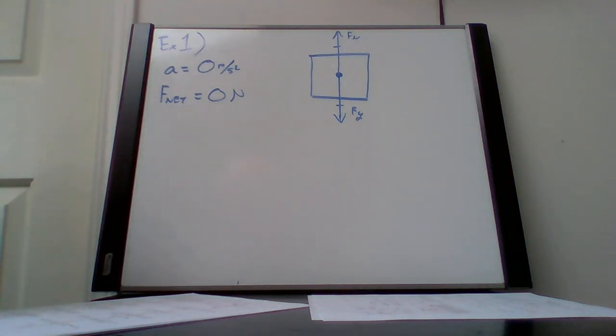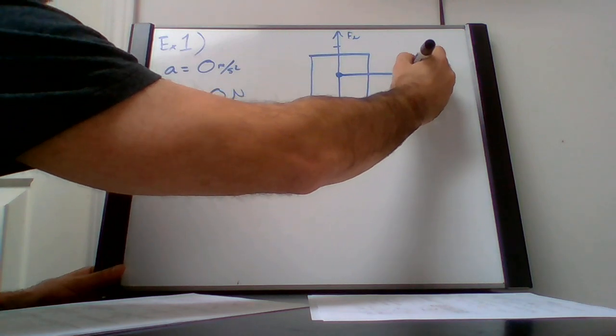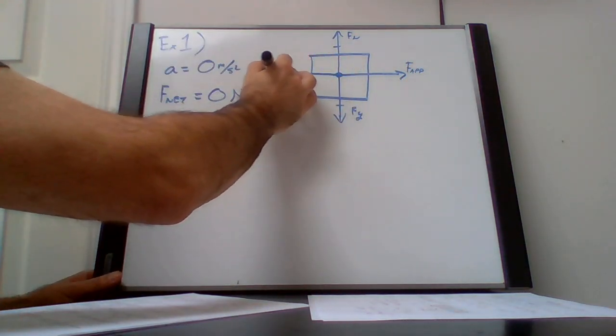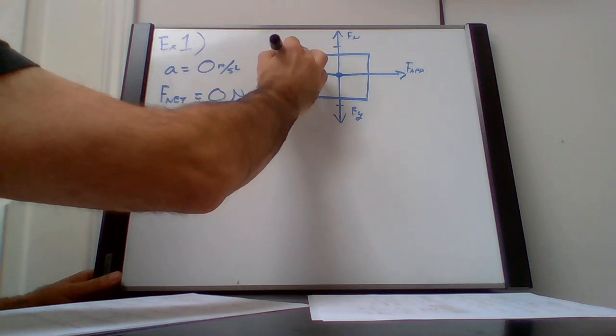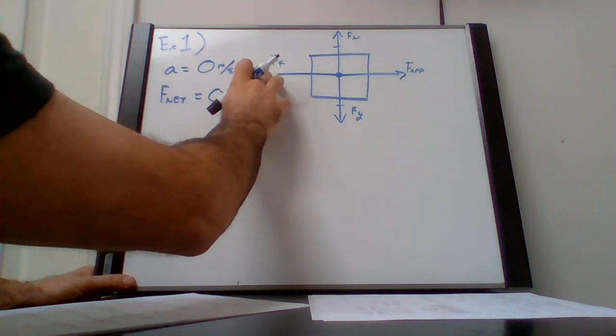We're also saying that we're pushing this across a rough floor, so that means we're going to have an applied force. And the fact that it's a rough floor means it's not frictionless, so we're going to have a force of friction here. I drew that a little bit too big.